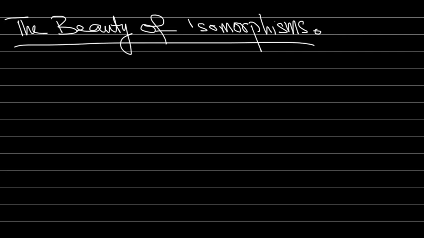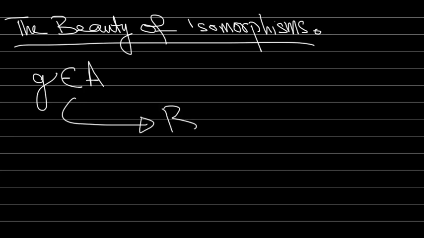What this means is that for each element g that belongs to group A, there is a corresponding element in group B. So let me write this down over here. This notation that I'm using is very stupid, but deal with it. So what I'm saying is that for each element in a group A, there is a corresponding element in group B, and of course vice versa.